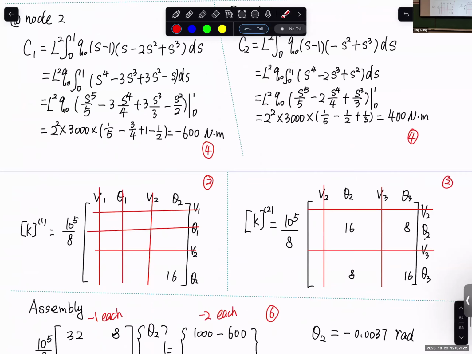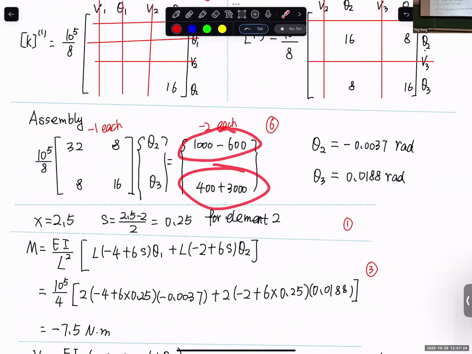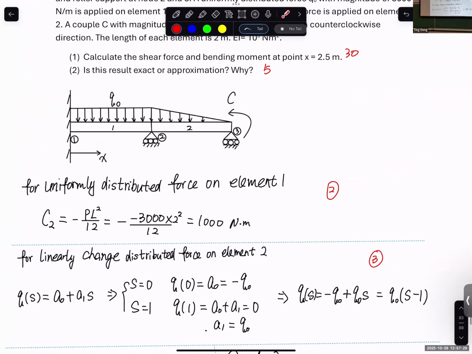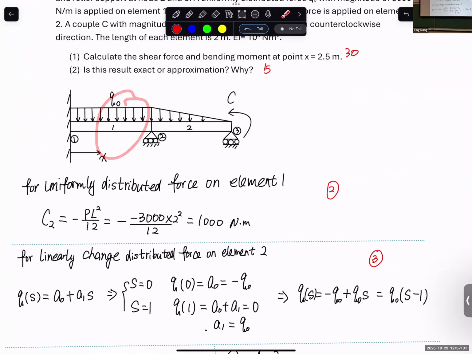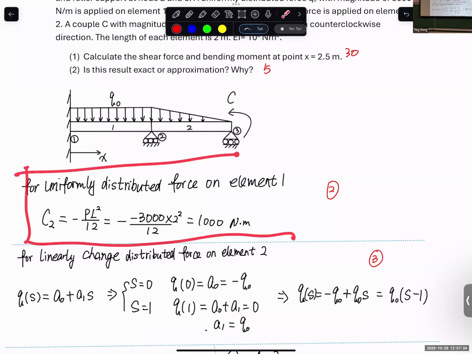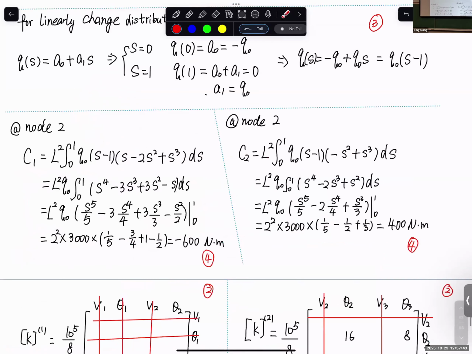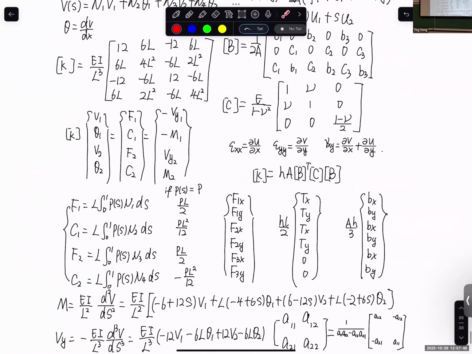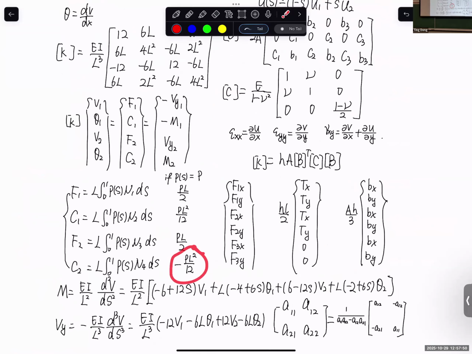So since we know that we only need the C at node 2 and node 3, for the uniform distributed force, actually we only need one, and that is the equivalent couple for the uniform distributed force at the second node. And this one is already provided in the equation, so you can use this term directly. Makes sense or not? Just plug in, this one is downward, so just a negative sign.